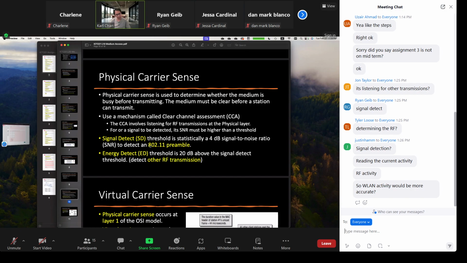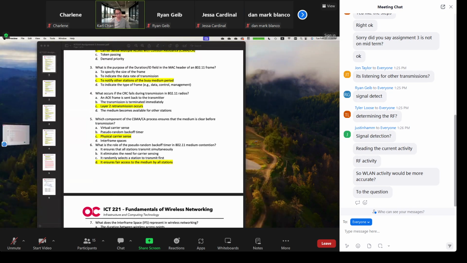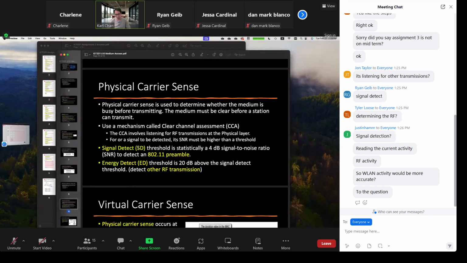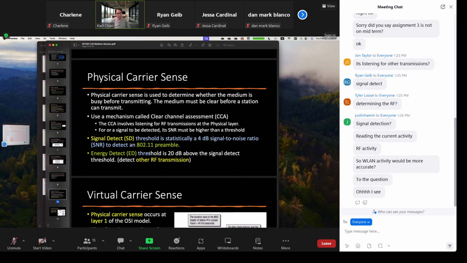What do you mean by accurate, to the question? No, it should be both. To my question, I asked how the transmitter does physical carrier sensing. Answer both, right? Because if you detect the signal from 802.11 devices, it's good.